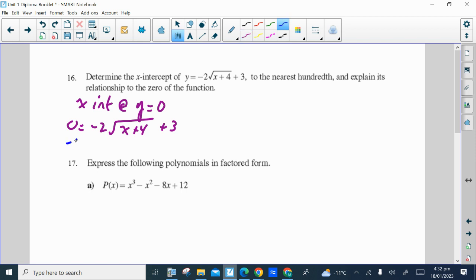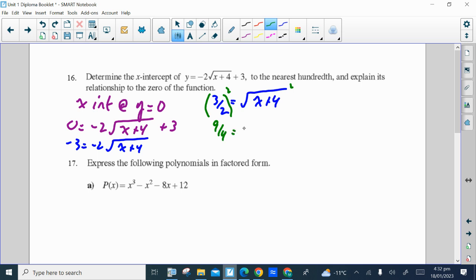So now we need to solve for x. I would subtract 3 from both sides. I would then divide both sides by -2. So it'll be -3 over -2, which is positive 3/2, equaling the root of x plus 4. I then would need to square both sides to get rid of the radical. So that'll give us 9 over 4 equals x plus 4.